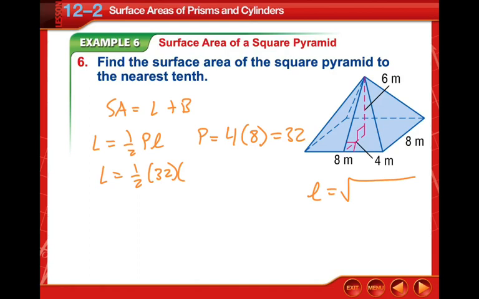So the square root of 6 squared plus 4 squared, 36 plus 16, square root of 52.